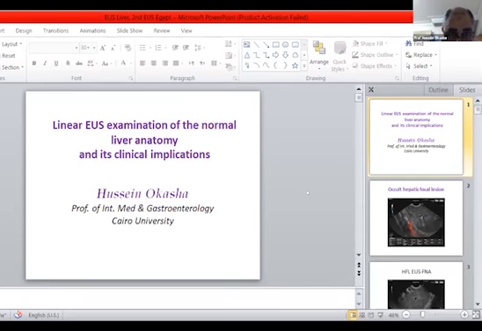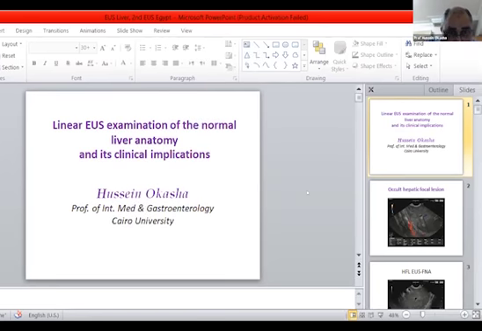So if the lesion is highly suggestive of a benign lesion based on the EUS picture, then don't sample it. But any suspicious lesion that bears the possibility of being malignant should be sampled.